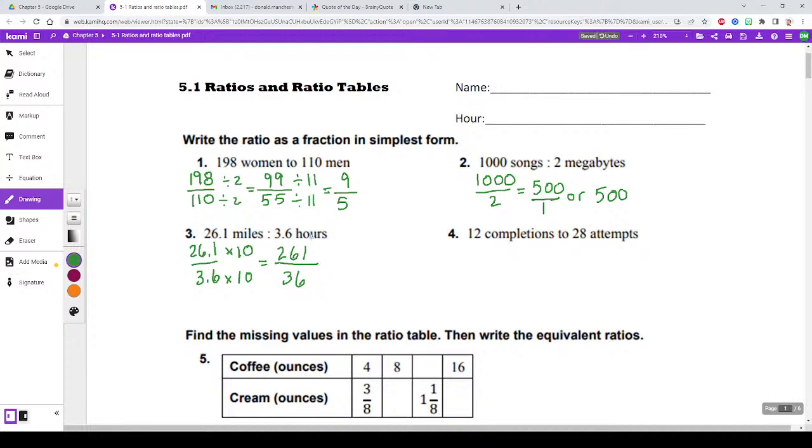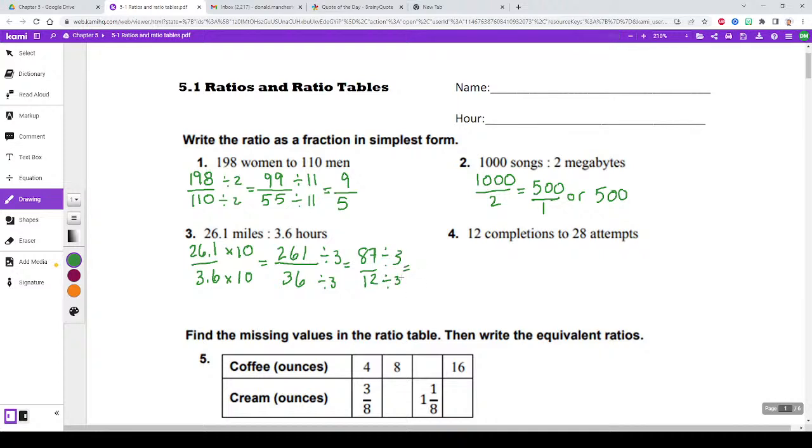However, 261 is divisible by 3, as well as 36, so we get 87 over 12. And then 87 is also divisible by 3, and so is 12.